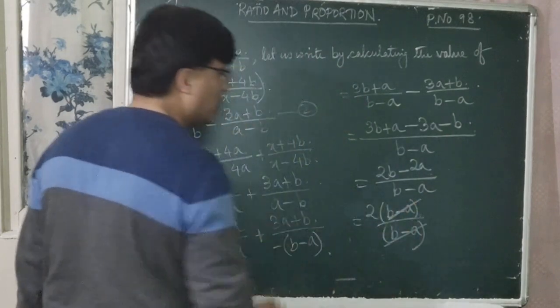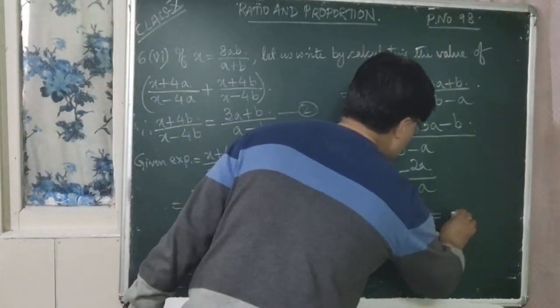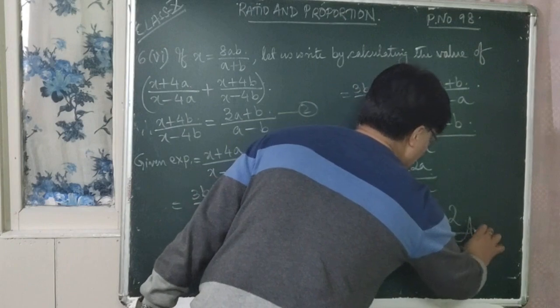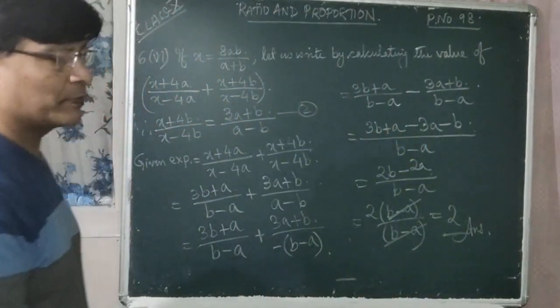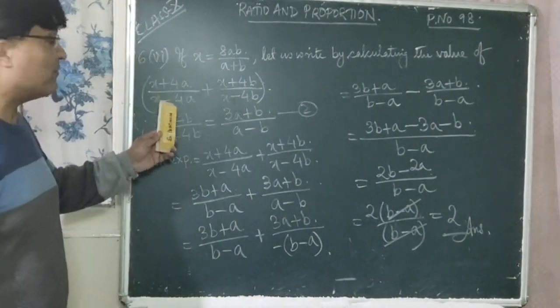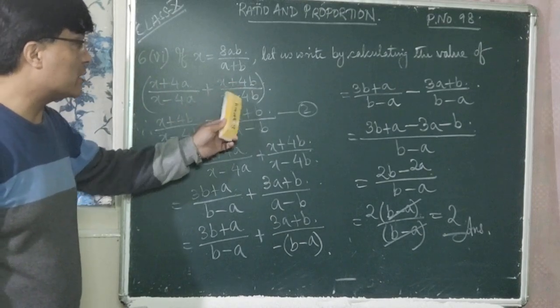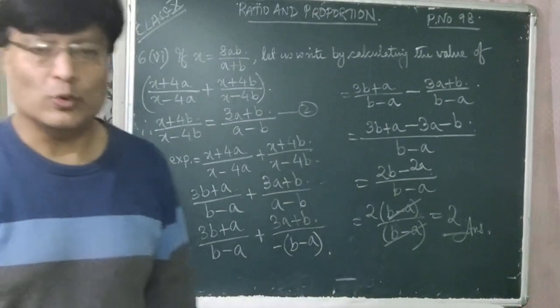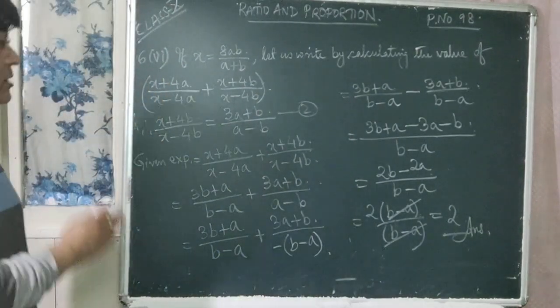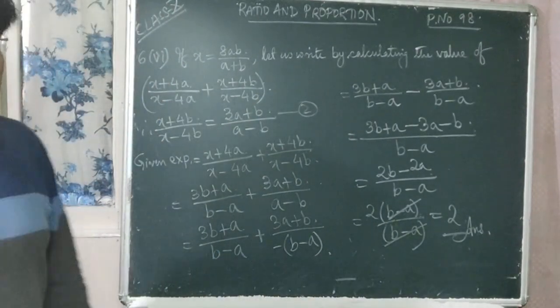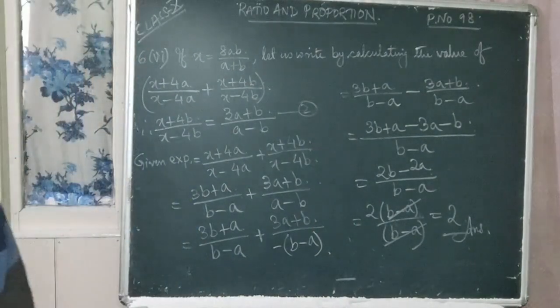So both of these will be cancelled. So what is the answer here? The answer is 2. So what is the simplified value of (x + 4a)/(x − 4a) + (x + 4b)/(x − 4b)? It is 2 only. So this is the method for solving question number 6.